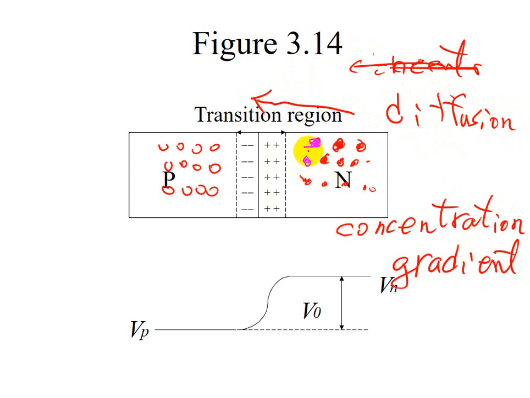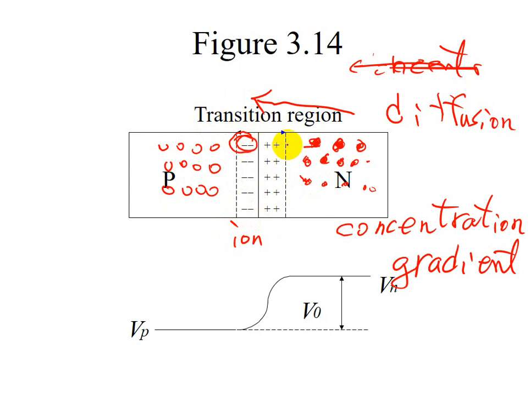Once the electrons move from the right to the left, the atoms at the p side receive electrons and form negative charge ions. So you get negative charge ions here.